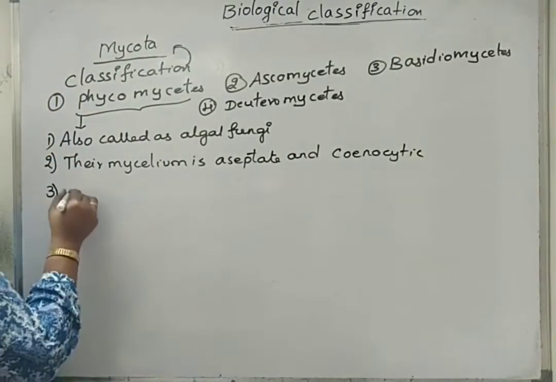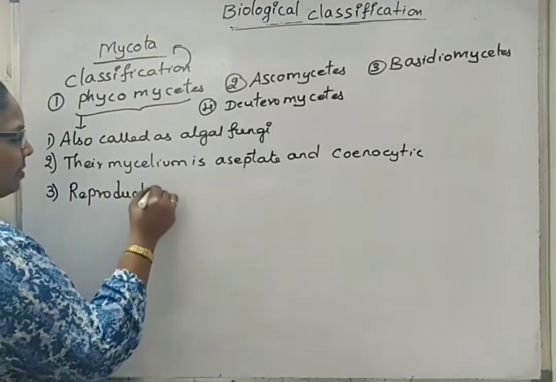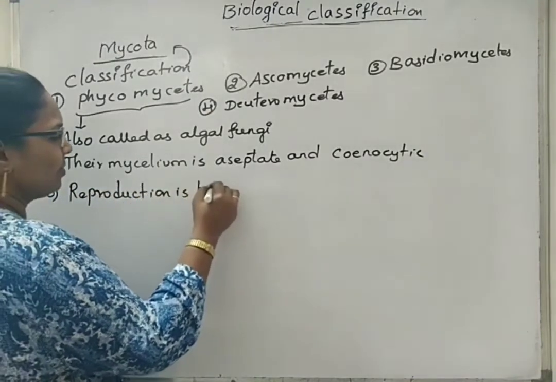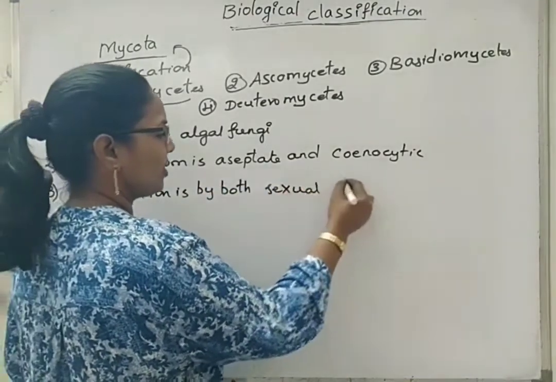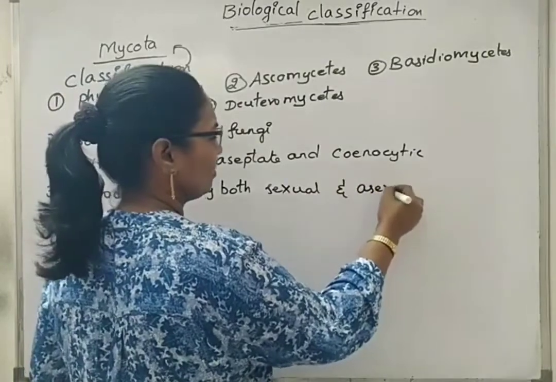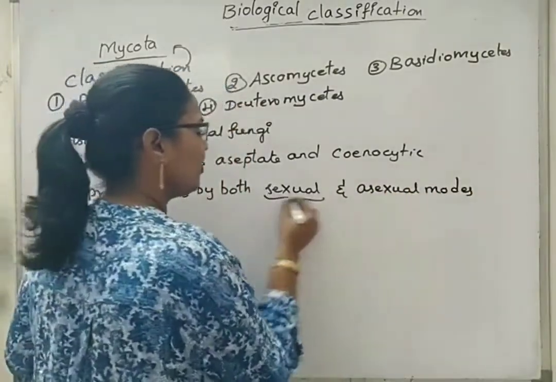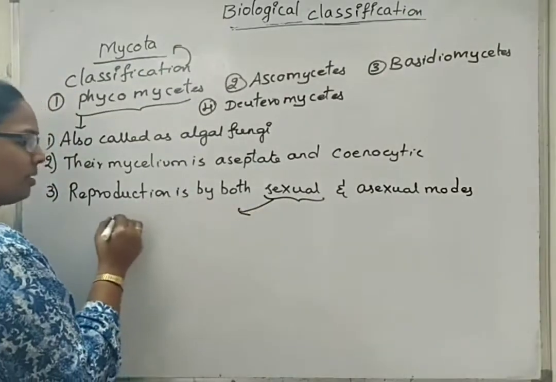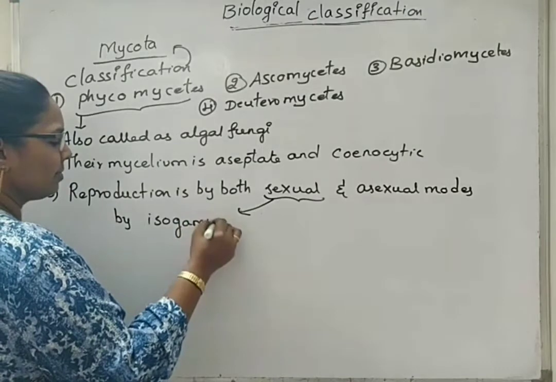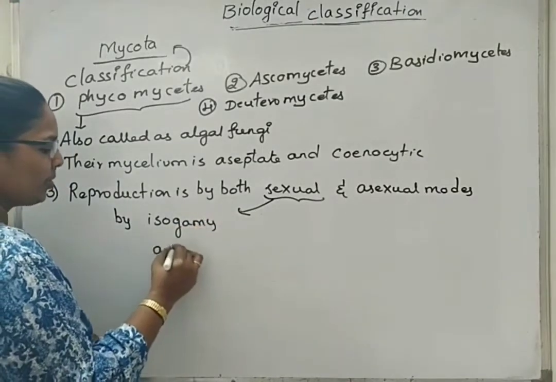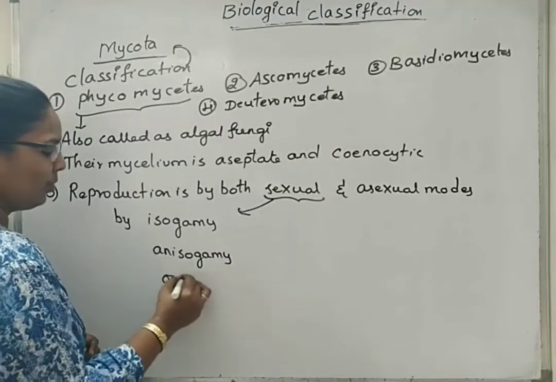Third one, mode of reproduction. Reproduction is by both sexual and asexual forms. Under sexual forms, we see isogamy, anisogamy, and oogamy.